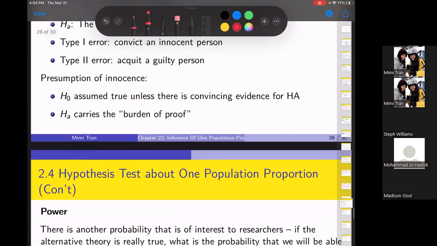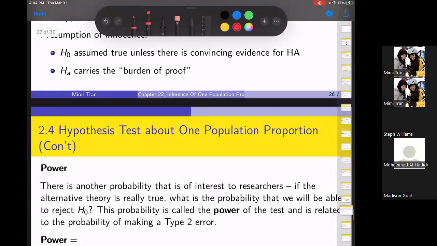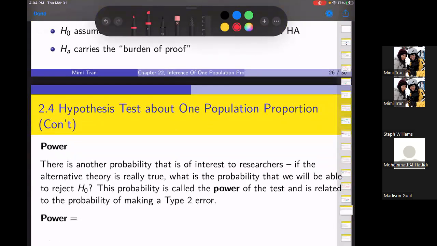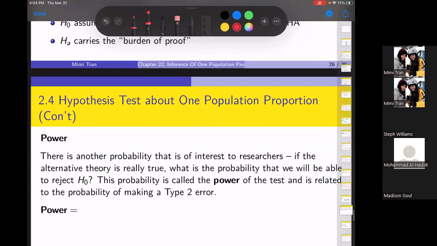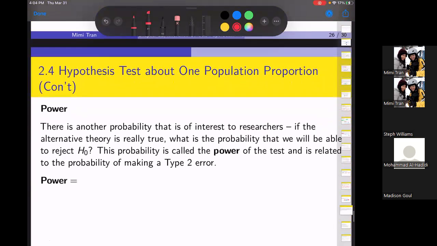Now there's another probability that you want. That's called power. You want your test to be powerful. That means you're doing the right thing. You convict a guilty person, rather than fail to convict a guilty person or convict an innocent person. So you want your test to be powerful. This is another probability that is interesting, so you can read all that.